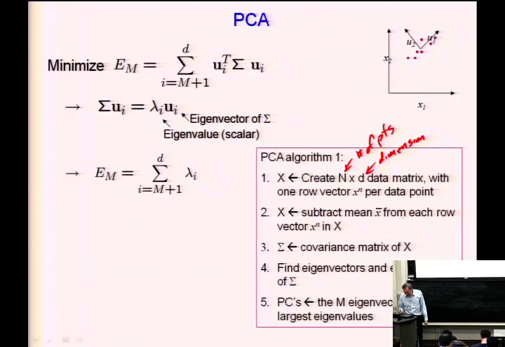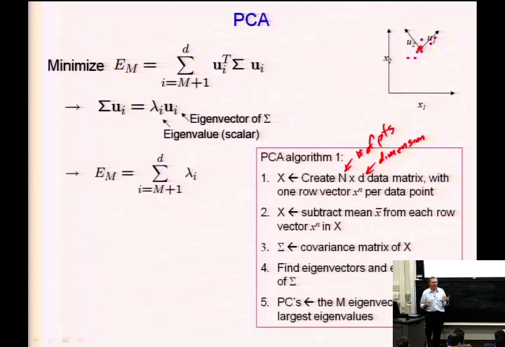Then we make that have a zero mean. Essentially, we subtract out from each of the vectors in that matrix the mean of the vectors. So we essentially find this point, which is the mean of all the points, and we subtract that out. So now we have a zero-centered set of points in X. If we average over all the rows of X, the mean is now 0.